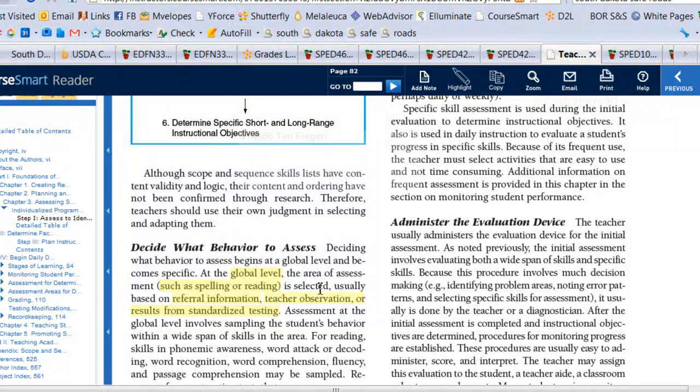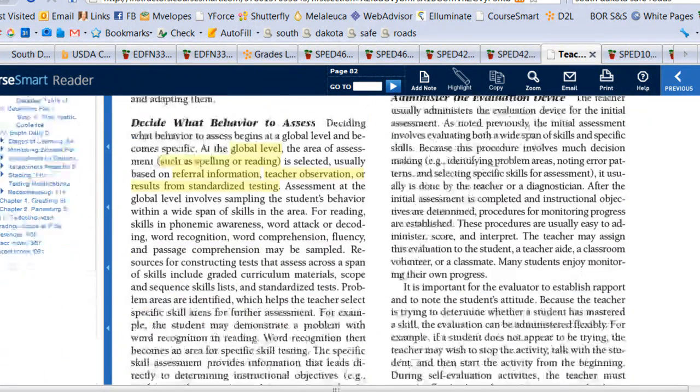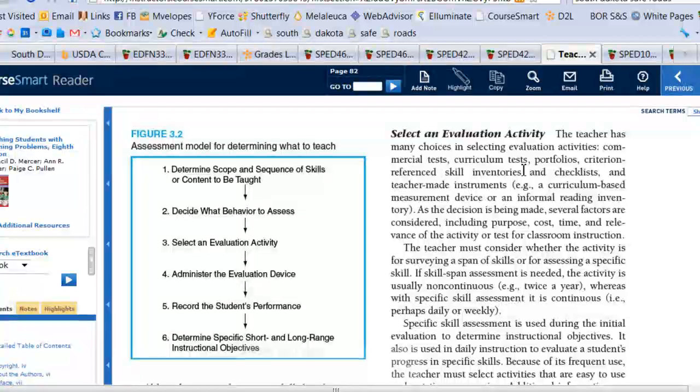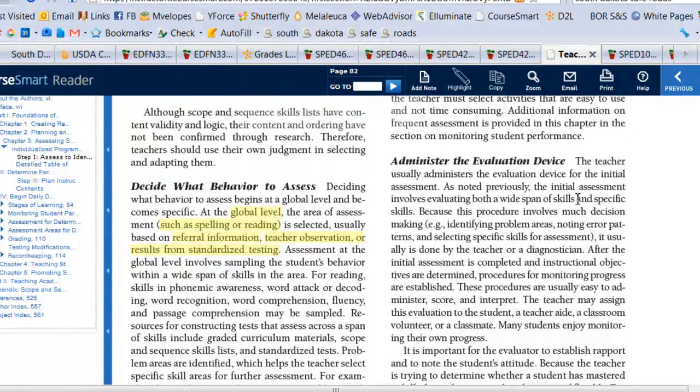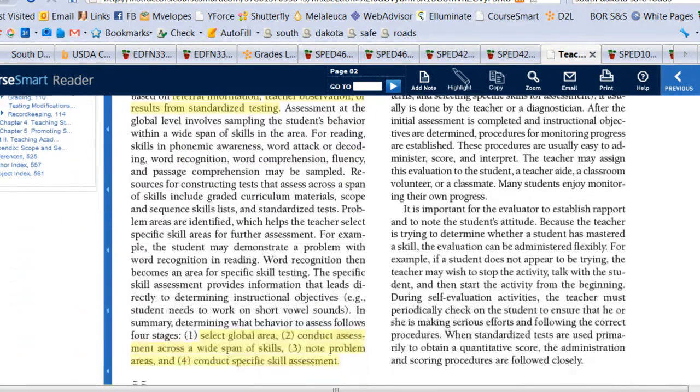First of all, you work from that global level, meaning of all the things that they need to learn, such as spelling or reading, is a global level. And it's usually based on referral information like teacher observation results and standard testing. There's some reason that one's being referred or needs this assessment, needs this instruction. So decide what to assess, and then select an evaluation activity, whether the activity is a survey or span of skills, whatever it is that you're going to use. Then administer that device.